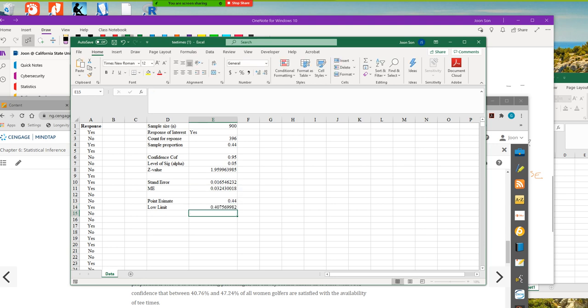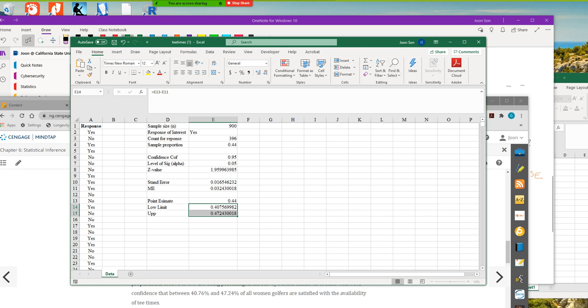And the upper limit, or upper bound, is your point estimate, the sample proportion, plus the marginal error. This is how you can find the lower and upper limits.